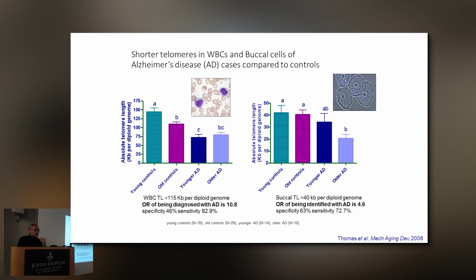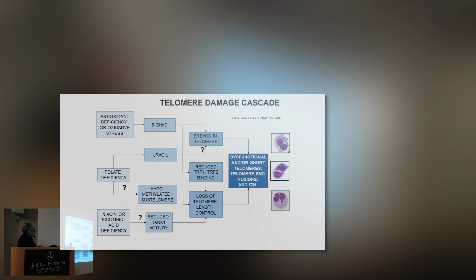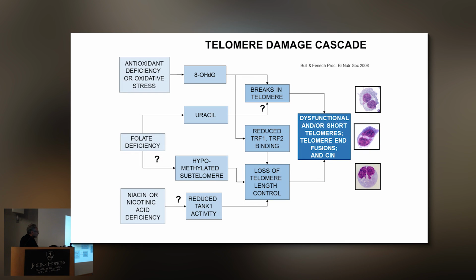And this is a very important development because buccal cells are easy to get, minimally invasively, and very easy to store and investigate. But they're not as well validated at this point in time, but they do correlate with what we see in lymphocytes. Now, there's a telomere damage cascade.